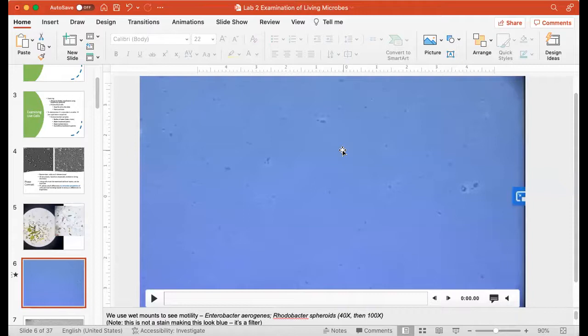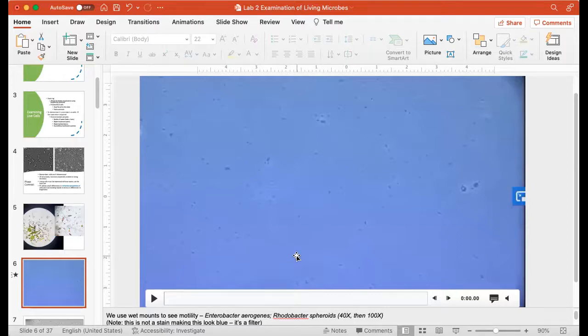Now, the reason we would make a wet mount is to see, first of all, if there are any bacteria in there, but also to see if they're moving around. Are they swimming around? What you're looking at on this slide is a sample of bacteria in a wet mount.